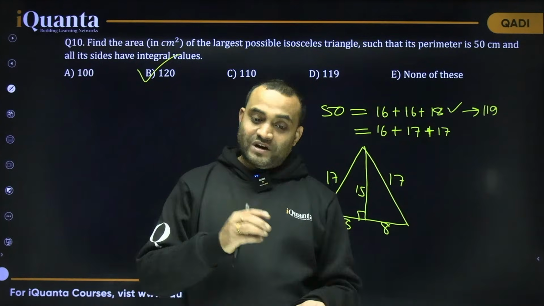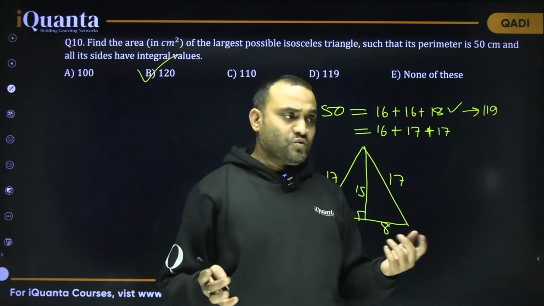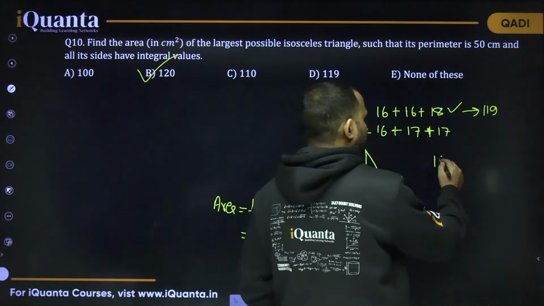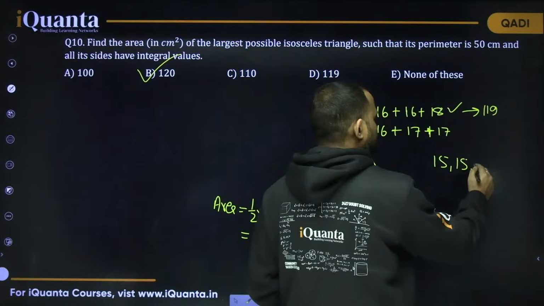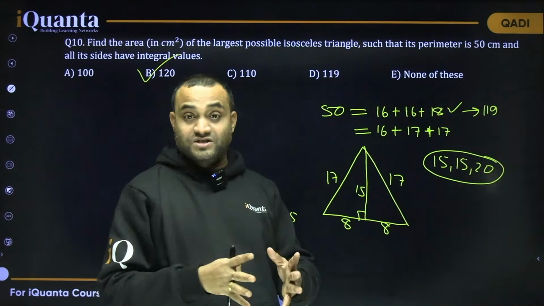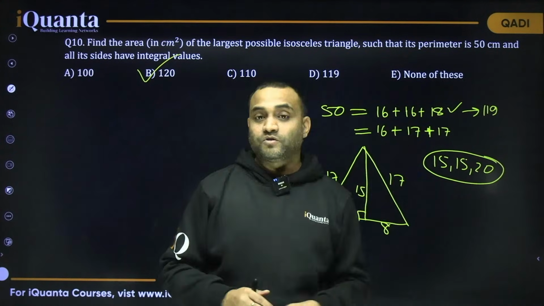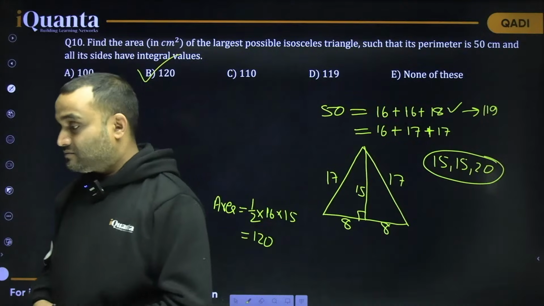So we will try to keep all the side lengths as close as possible. If you want, you can try 15, 15, 20, but in that case, your side lengths are not closest, and the area will be further away from the maximum area. Okay.